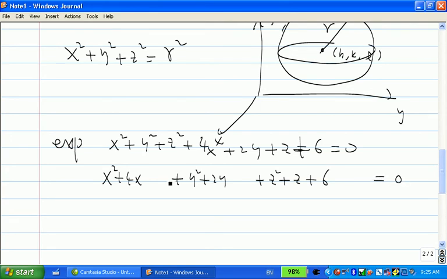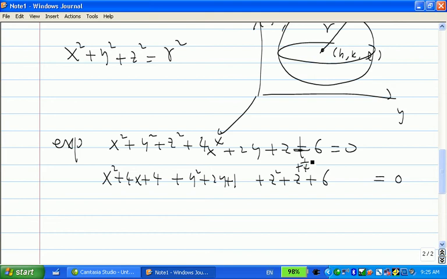Now we want to complete the square. To do that, here we need to add 4, here we need to add 1, and for the z here, we need to add 1/4.